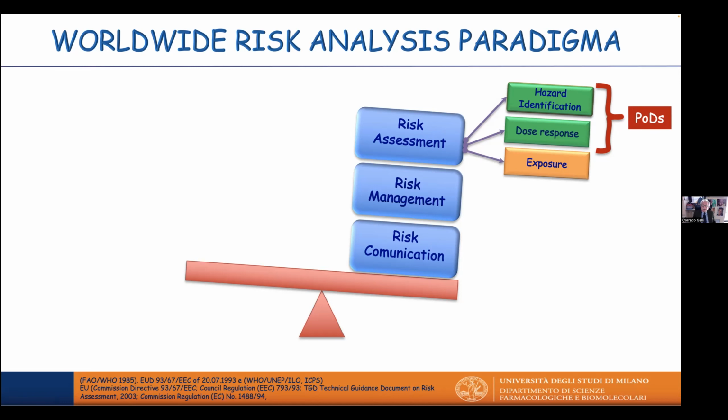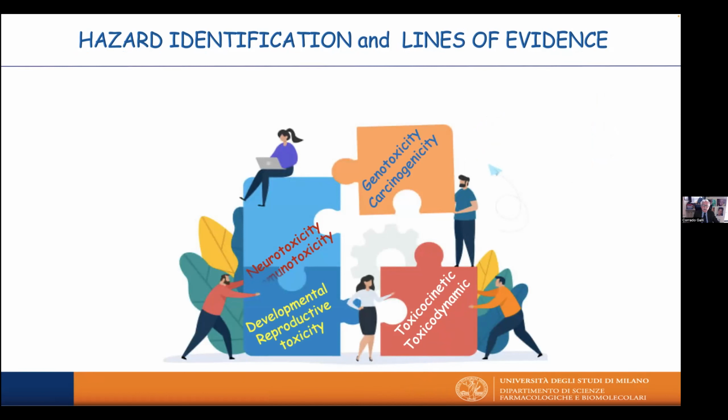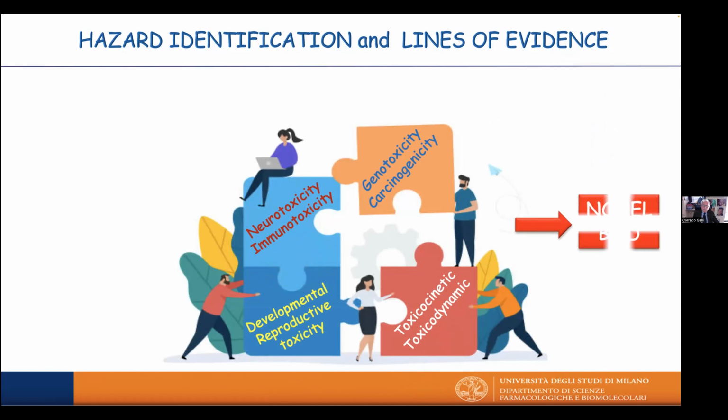What is the path that you have to follow to derive a point of departure? Because the points of departure are not calculated, they are derived from lines of evidence. The line of evidence is very easy, because it is all the information that you can collect from the open literature or from unpublished reports available.